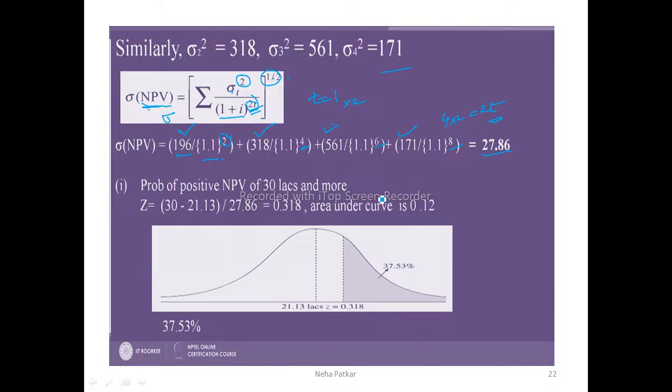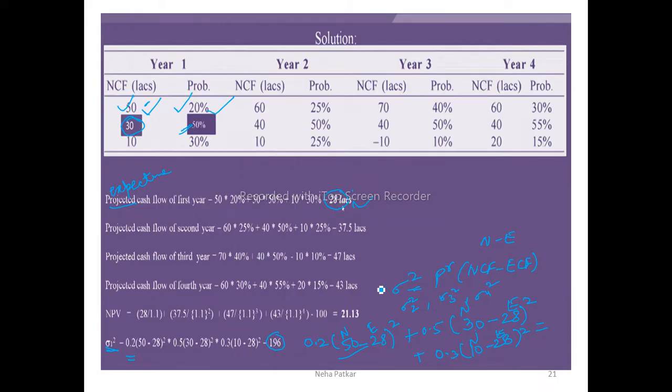Next, what was asked in the question? The probability of a positive NPV of 30 lakhs. We know the Z formula is x minus mu divided by sigma. The x value is 30 lakhs. The mean value we have calculated in the previous slide, 21.13, the NPV value.